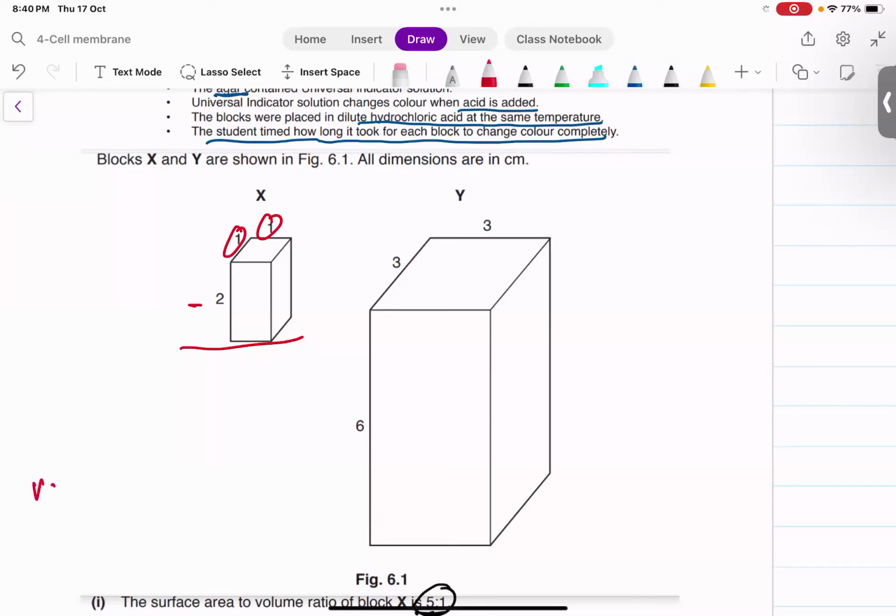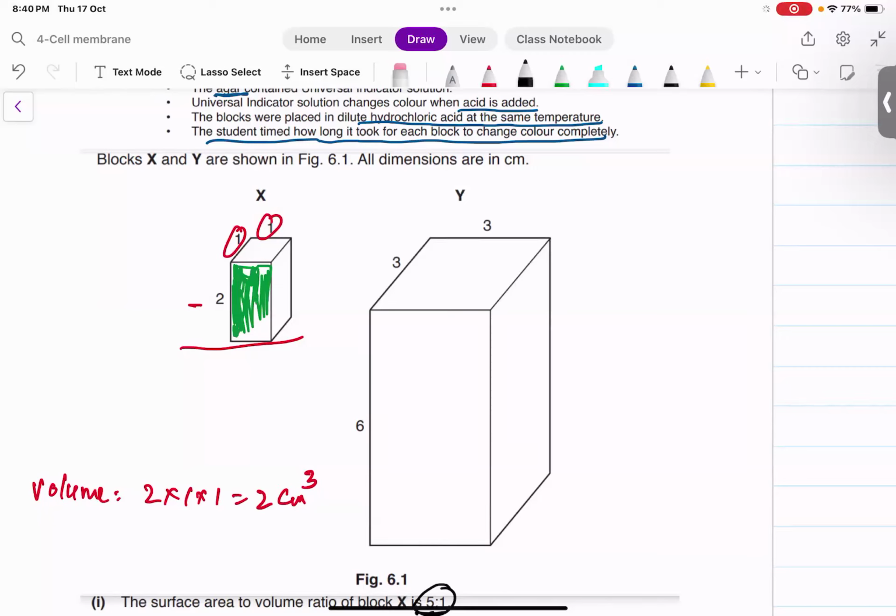Volume can simply be calculated by multiplying all the dimensions together, like 2 multiplied by 1 multiplied by 1. This would give us 2 cubic centimeters. So this is how volume can be calculated. Surface area, on the other hand, we can calculate for one side. This side has one side 2 centimeters and the other side 1 centimeter.